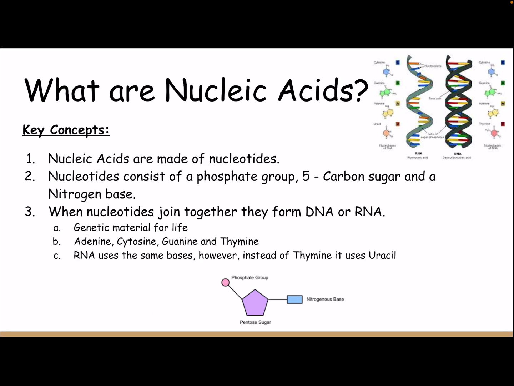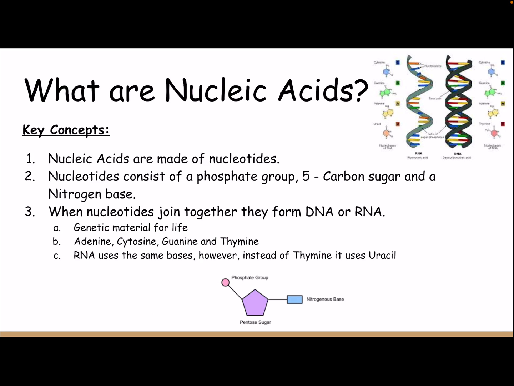Those nucleic acids are broken into their nucleotides, and those nitrogenous bases, like I said, we have some options. So if we're talking about DNA, those options for us are adenine, cytosine, guanine, and thymine. Okay, and so those bases are really important for DNA.